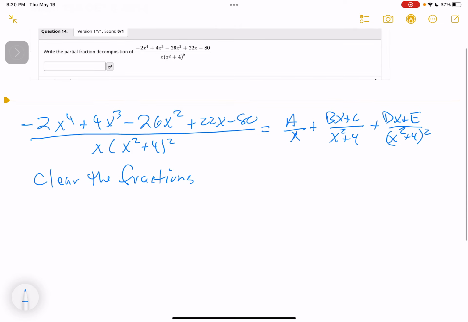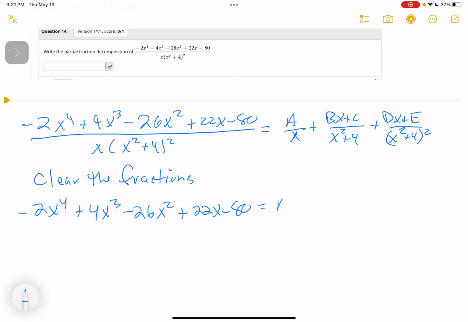And that means we're going to have this negative 2x to the fourth plus 4x cubed minus 26x squared plus 22x minus 80 equals A times, and what we have left is an x squared plus 4 squared, plus, now we have our Bx plus C, and that gets multiplied by x times x squared plus 4.